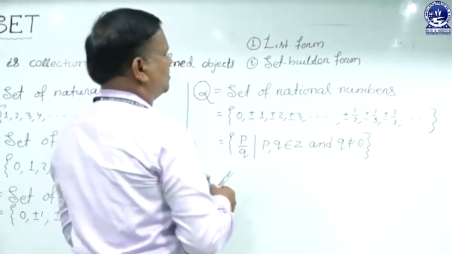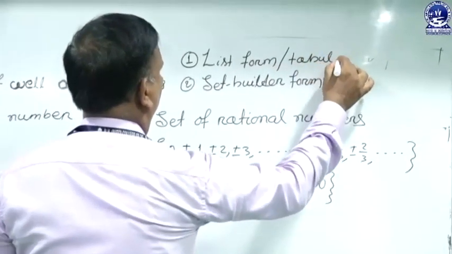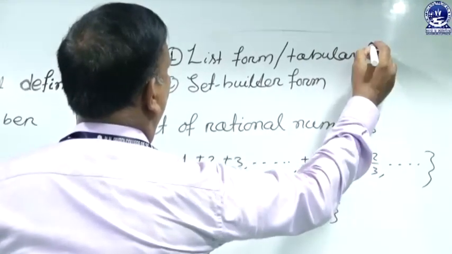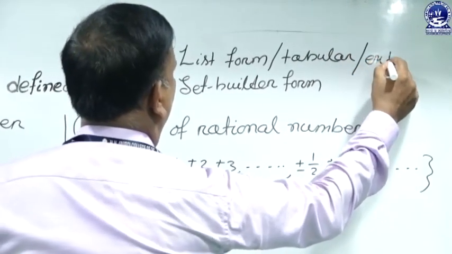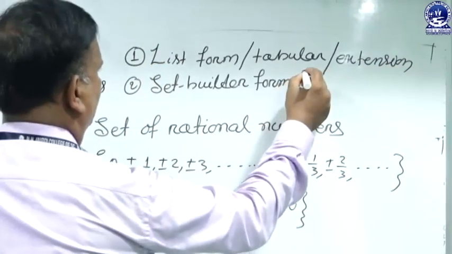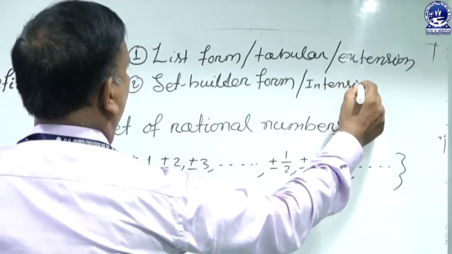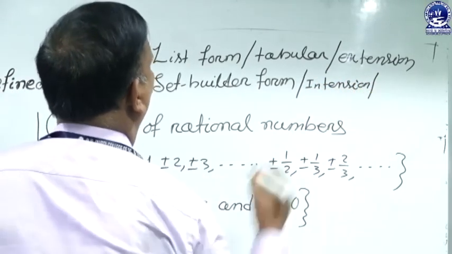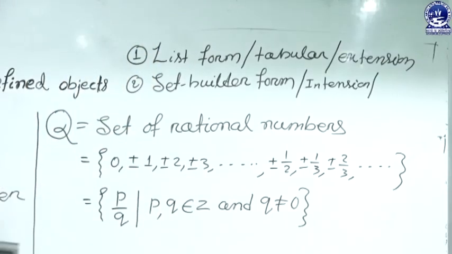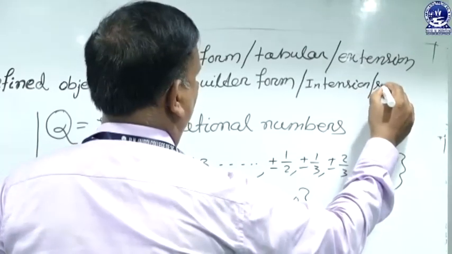Also the synonym of list form is tabular form, and also extension form. Set builder form is also called intention form, and another name is specification form.